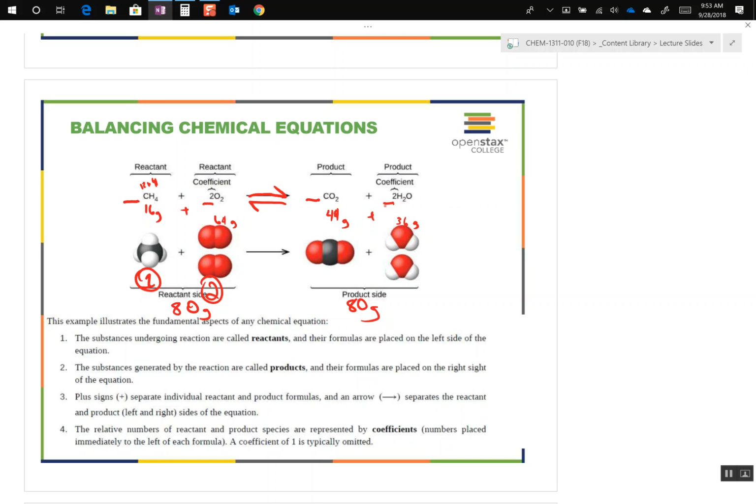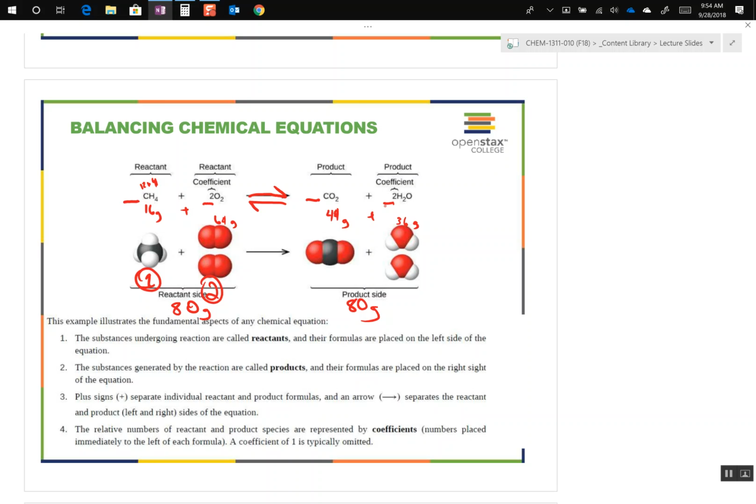And now I go in the laboratory and I can measure out a mole of methane. No problem. I can weigh an entire mole of methane: 16 grams. No big deal. I can weigh 64 grams of oxygen easily. Okay?